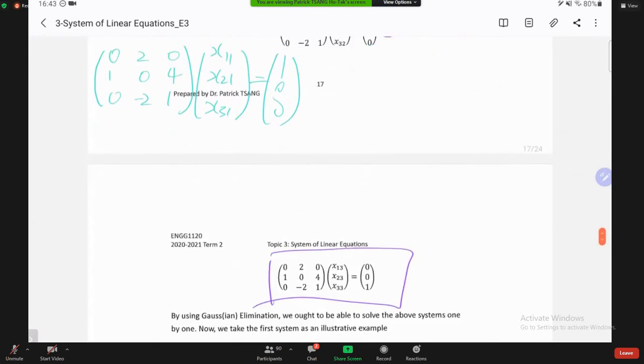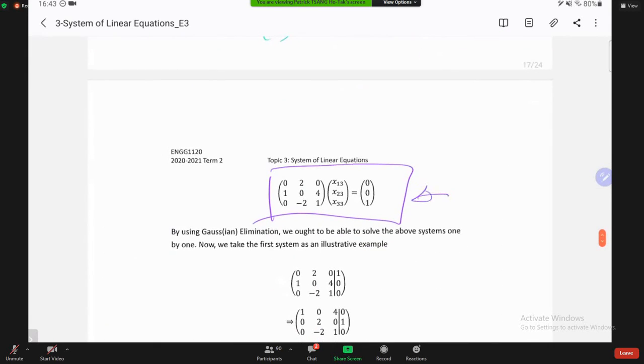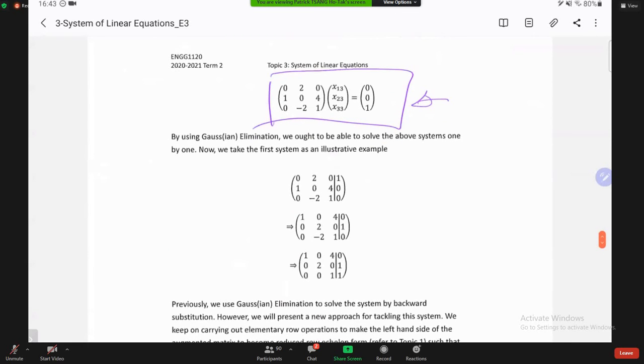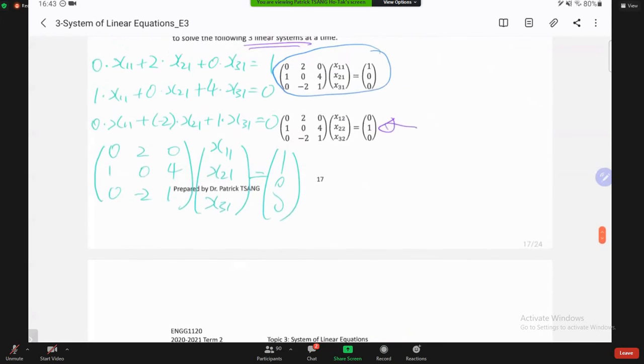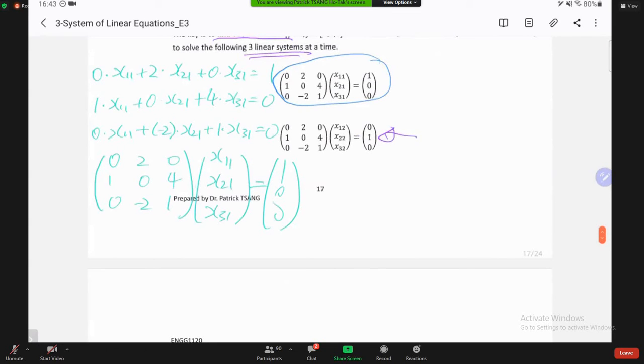And now we are here. At this moment, we convince ourselves that we can indirectly form 3 linear systems at a time. But how to play with that? That is the next question we are going to address. Suppose we want to focus on the first matrix, in the blue circle.